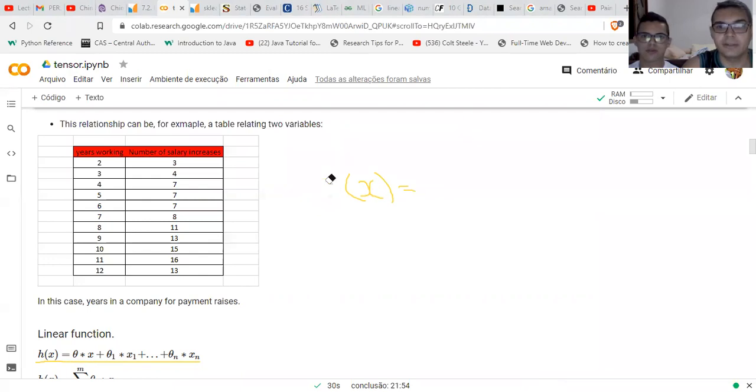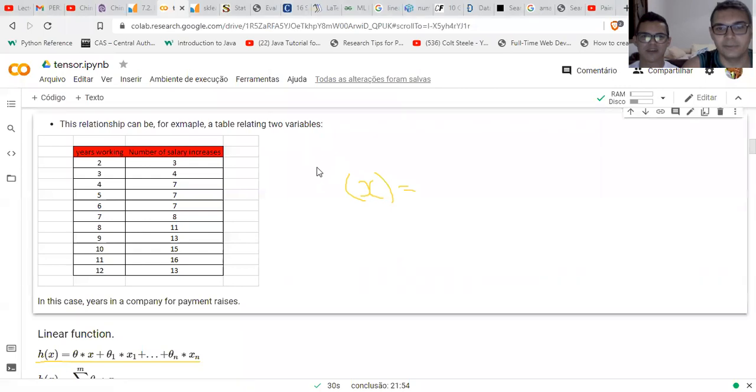So, f of x equals a plus b x. Exactly, normally this is what we learn at school, with one variable.